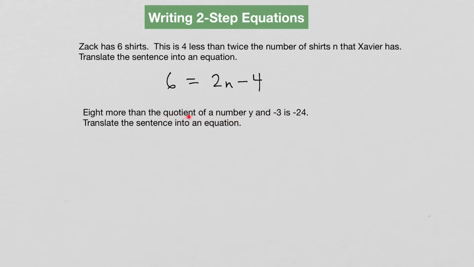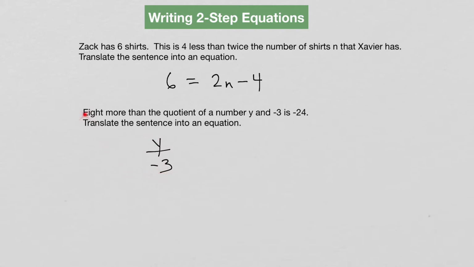That's the most complicated one. Quotient means it's a division or a ratio, of a number y and negative 3. So this becomes y over negative 3. This is the quotient of y and negative 3.